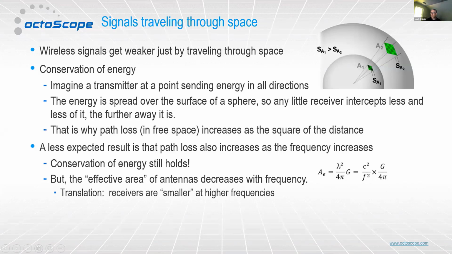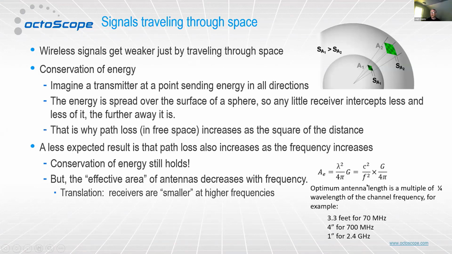And you can see that it's proportional to the wavelength squared, or inversely proportional to the frequency squared. And so wavelengths, depending on the frequency you're operating at, get smaller and smaller as the frequency goes up. So it can be measured in feet for very low frequency wavelengths and measured in inches or centimeters as you go up and up in frequency.